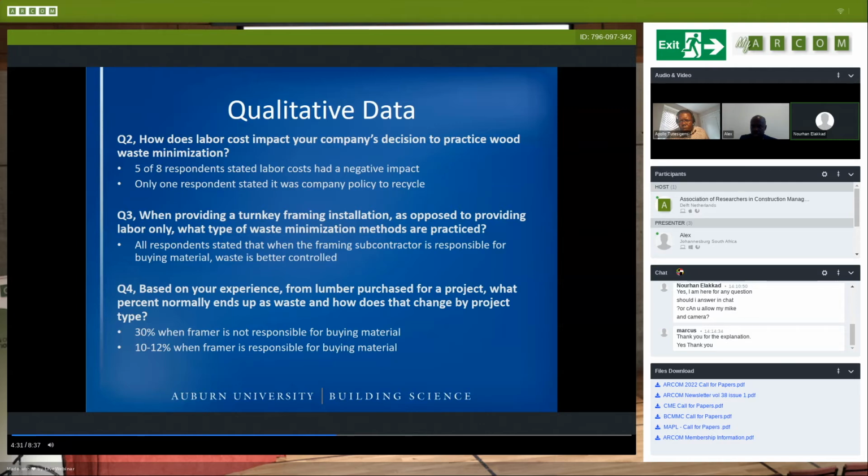And you can see from the results to question 4, waste can be reduced from about 30% when the framer doesn't buy the material to around 10 to 12% when the framer is responsible for buying the material.